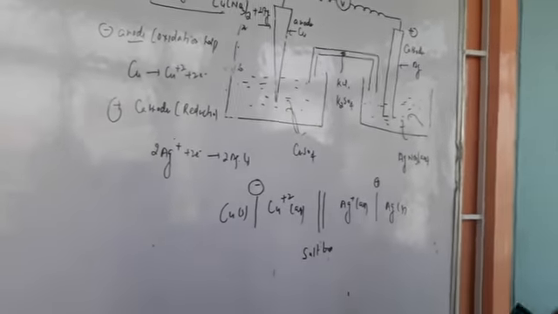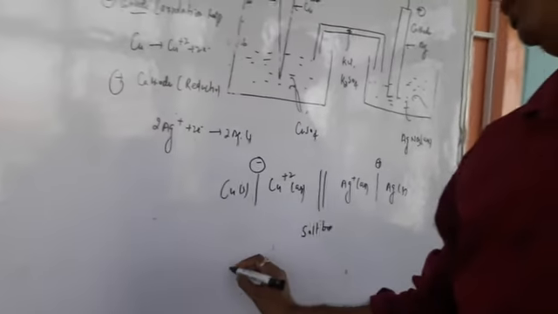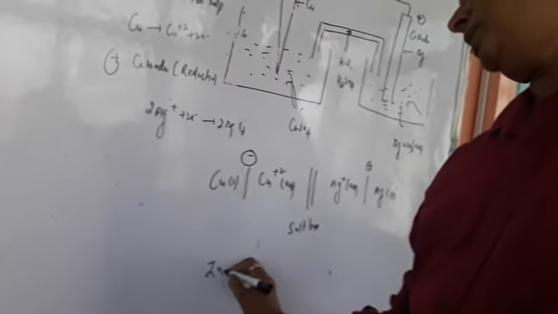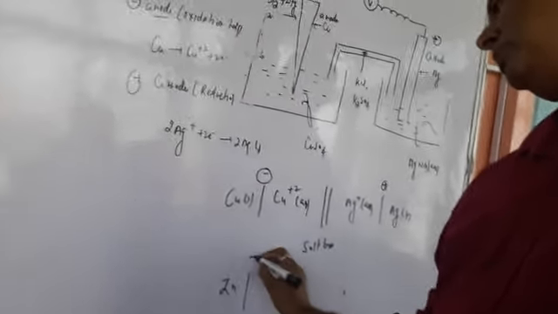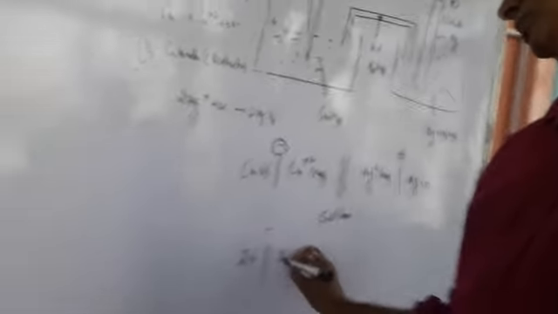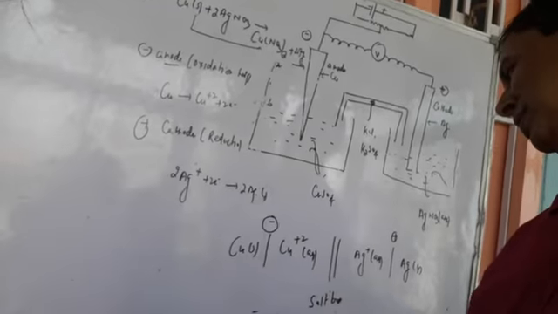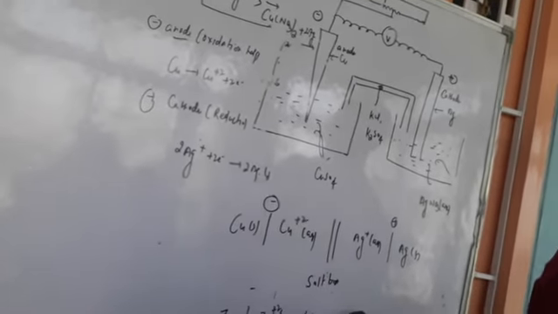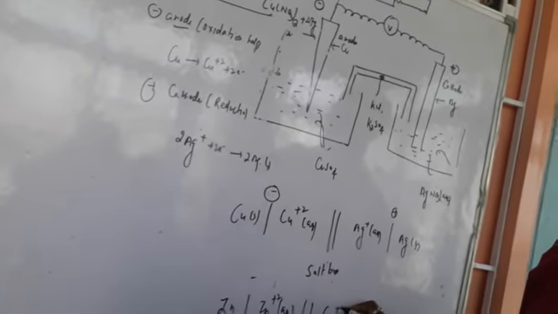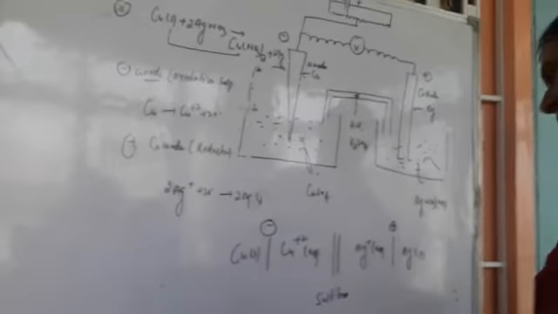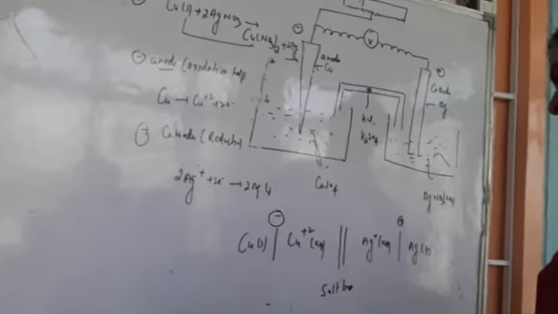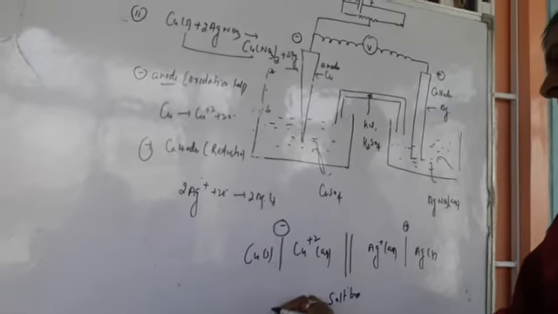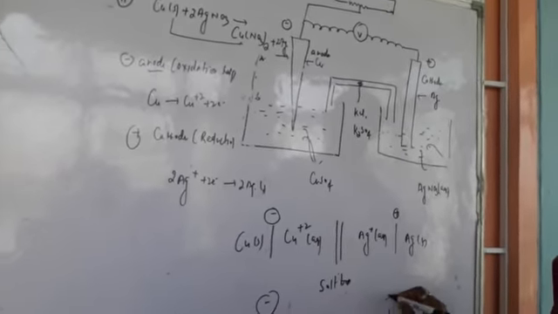From the previous cell reaction of zinc and copper sulfate, we can write it in this way: Zn, the electrode, negative charge, Zn2+ aqueous, double vertical line expressing the salt bridge, then Cu2+ aqueous changes into copper. This one is negative, and this one acquires positive charge.